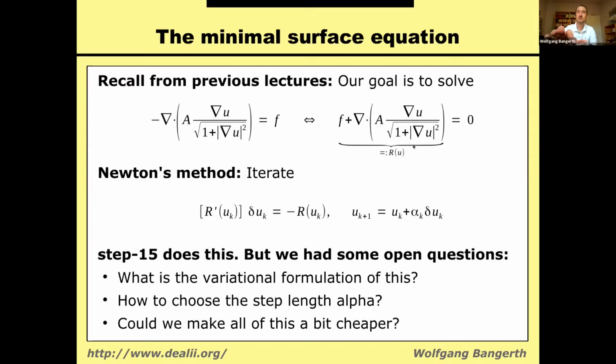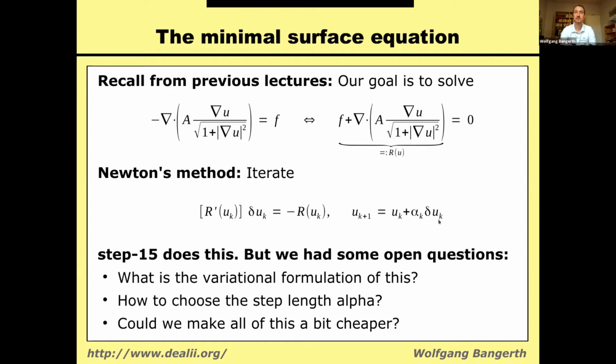We call this the residual, and we want it to be equal to 0. And you've all seen how Newton's method works. If you want to solve R of u equals 0, then Newton's method would say you need to have the derivative, R prime times the update equals minus the residual. And then you compute u_{k+1} equals u_k plus delta u_k.